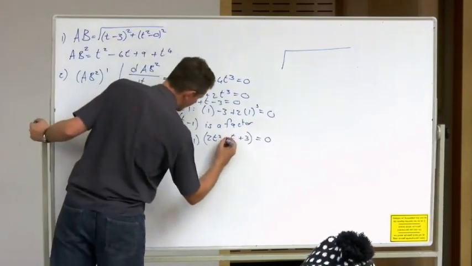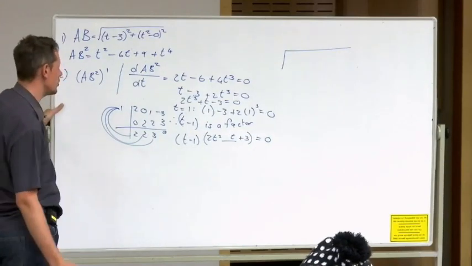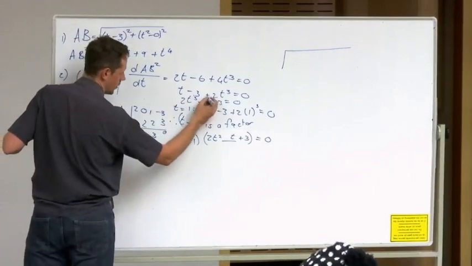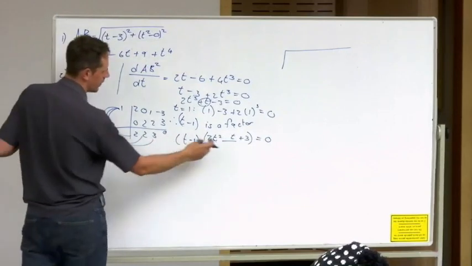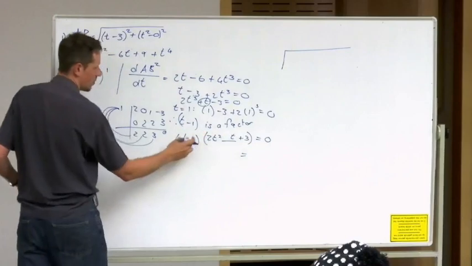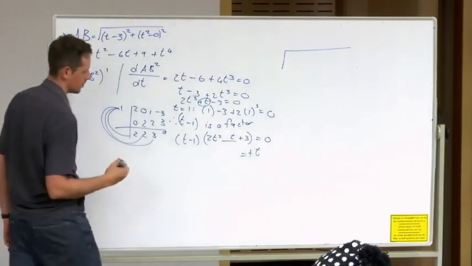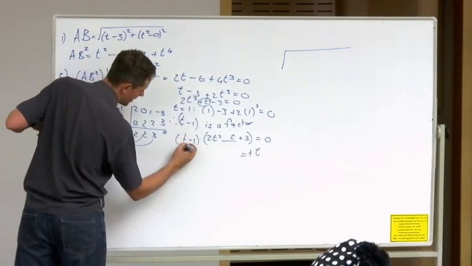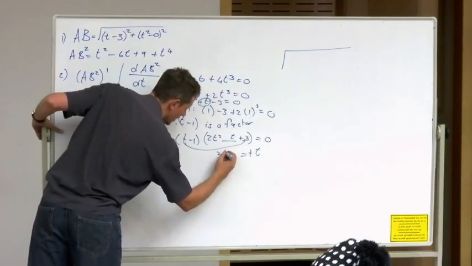But now I need something t. So now I've got to choose either a t squared or a t to look at. I'm going to look at the plus t. So now I ask myself, how am I going to get something that when I multiply these two out, it gives me plus t? The only way I can do that is by saying t times 3 is 3t.